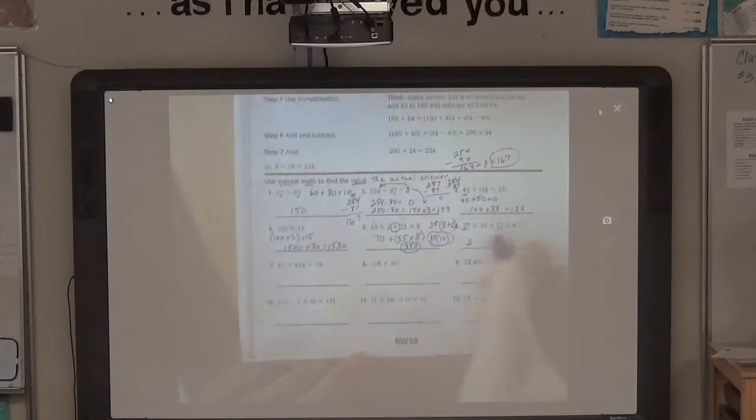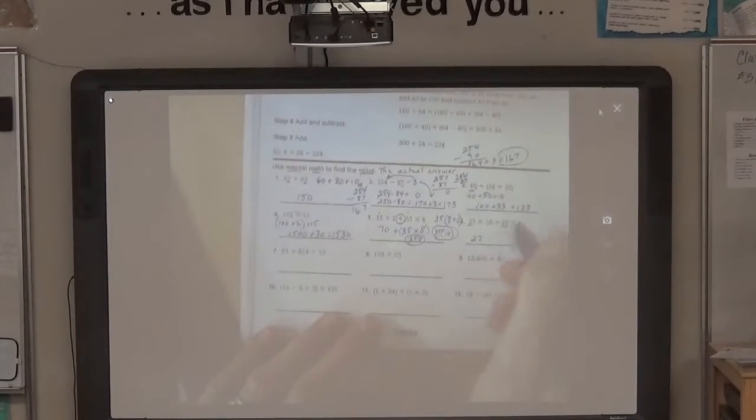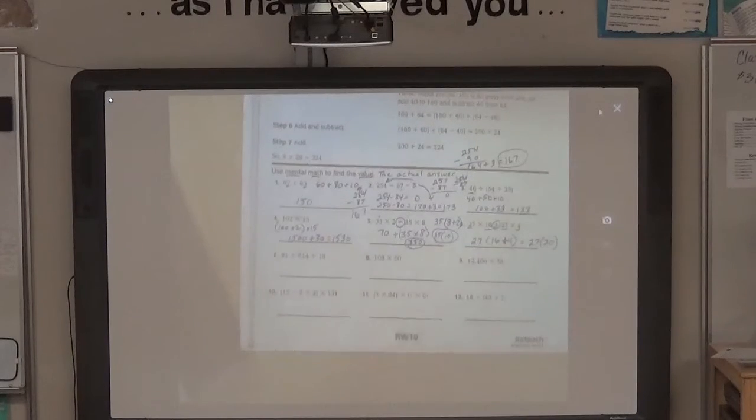So if we take the 27 out of these numbers and then add these two together, 16 plus 4 is 20. So that's 27 times 20 on that one.